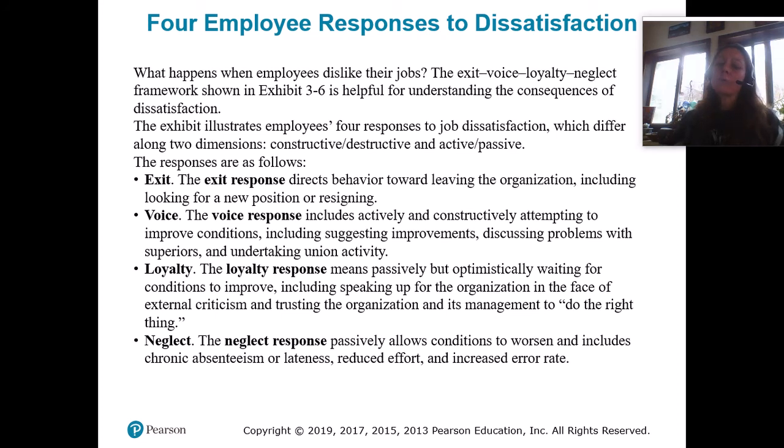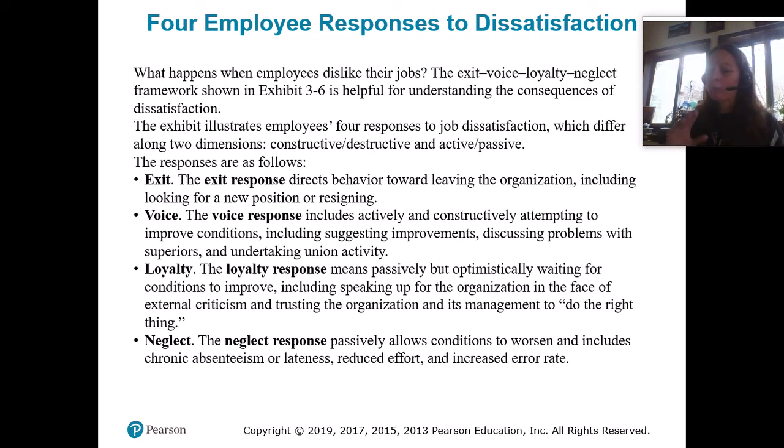And then, of course, we have the opposite side of satisfaction, and we have dissatisfaction. So what happens when we don't like our job? Usually we see that there are 4 types of response. We have the exit strategy, and that's where you just quit. You have the voice attempt, where you speak up, voice your opinions, and try to change things. And then you have the loyalty response.